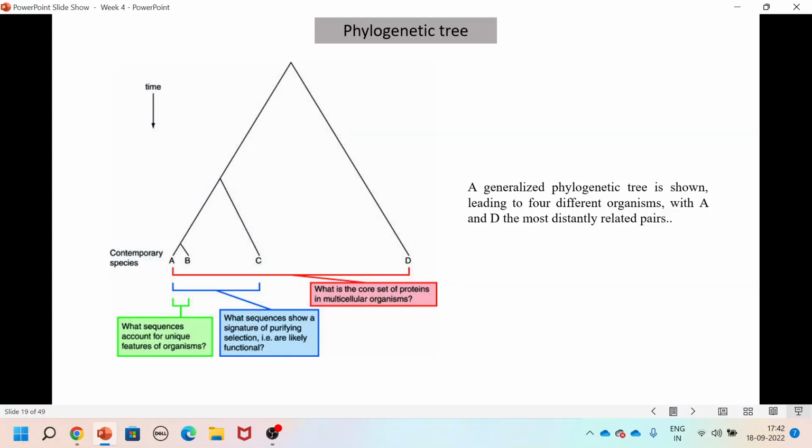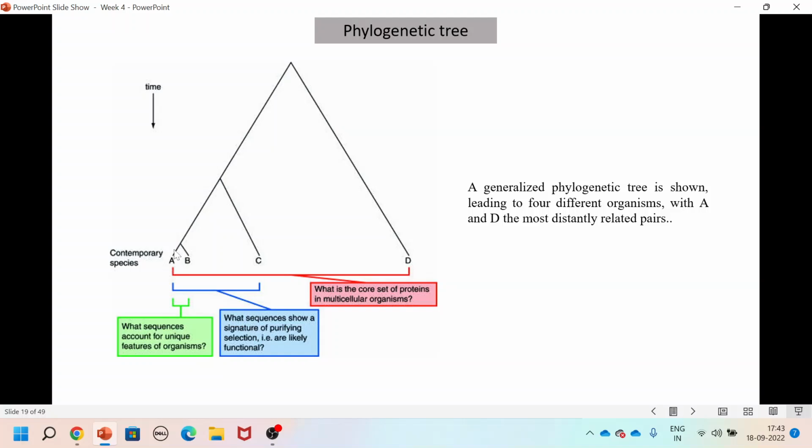By comparing the sequences, suppose I compare the sequence of any protein X, and I look at the percentage similarity of this protein. What I expect is that the percentage similarity in the sequence of this protein will be higher between species A and B as compared to species A and D, as during the course of evolution, some changes have accumulated in the genome of these organisms.